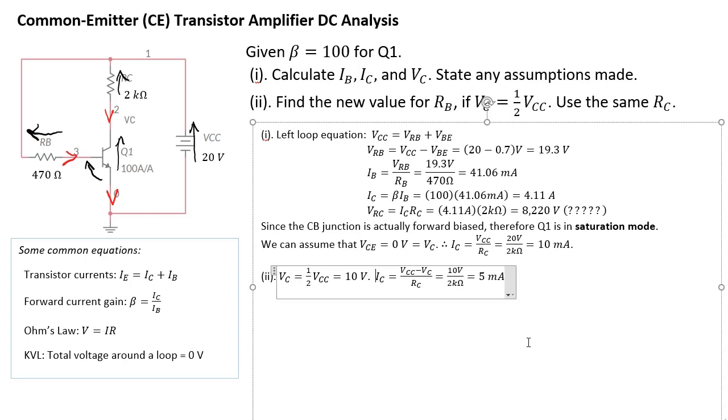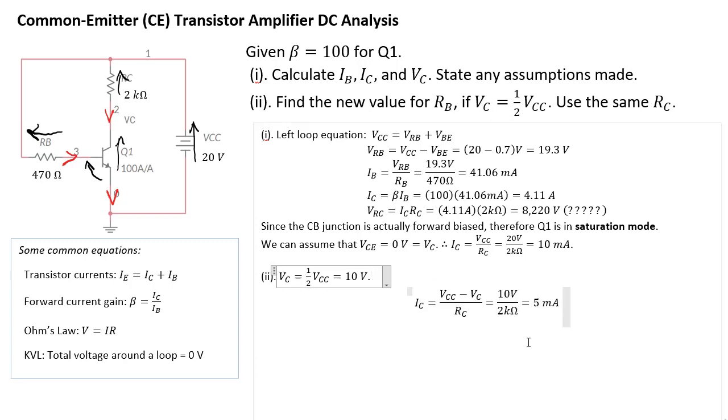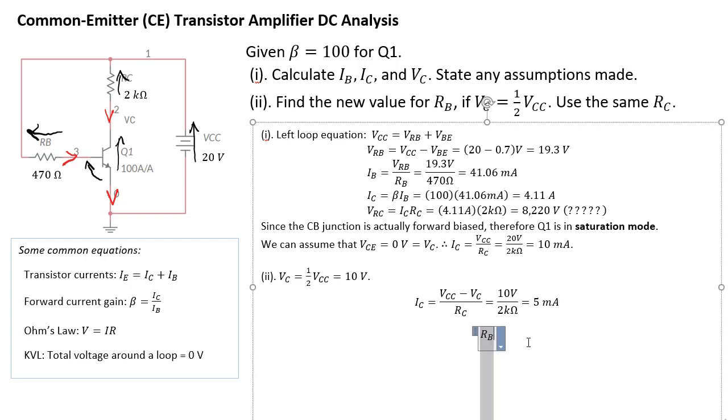So let me just put this down to the next line. So therefore, the new value of RB, using Ohm's law, R equals V over I. Well, sorry, I need to work out what IB is first.